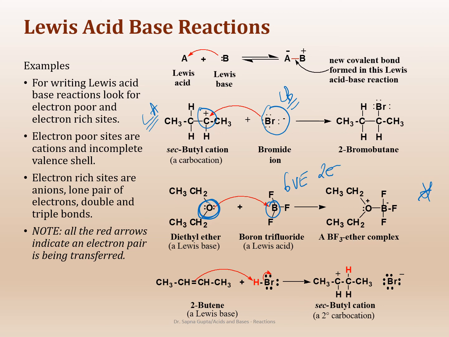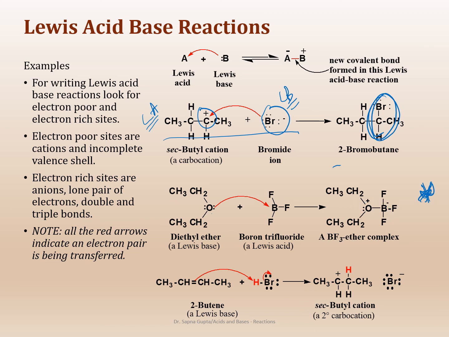Now, one of the other things that happens with Lewis acids and bases is that their products look a little bit weird. The top reaction is fine. You can clearly see the bond forming between carbon and bromine, and you think, okay, positive, negative, they are going to combine, obviously. But in this case, it's kind of hard to see, because you form the bond between oxygen and boron, but it looks a little bit weird because there is no water given out, no proton, none of that stuff.